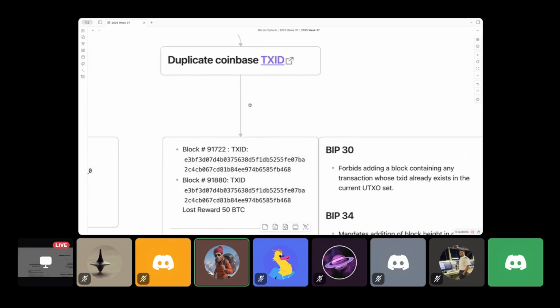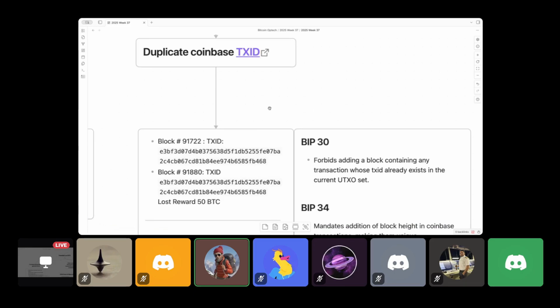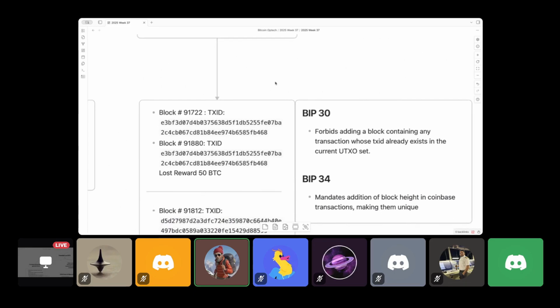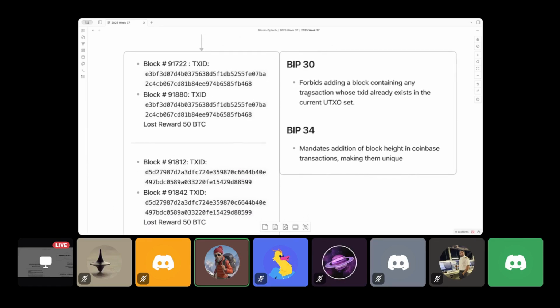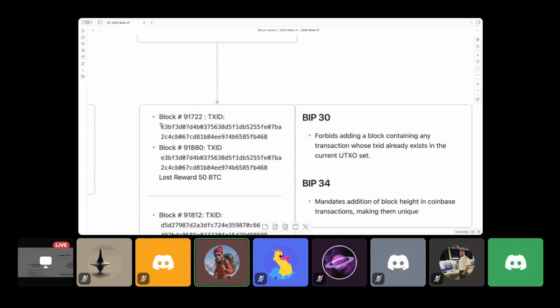Then we have duplicate Coinbase TXIDs. This is an interesting case and it was a bug. Later, it was patched using two BIPs, 30 and 34. Basically, this happens when two transaction IDs collide, when you get two transaction IDs that read the same.